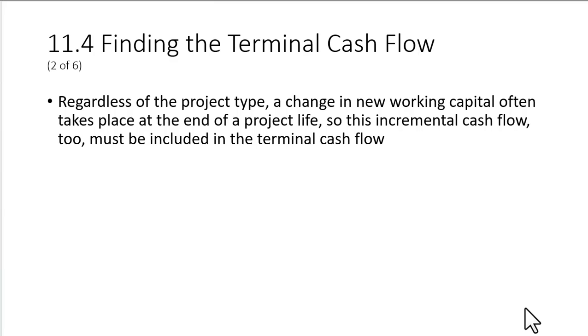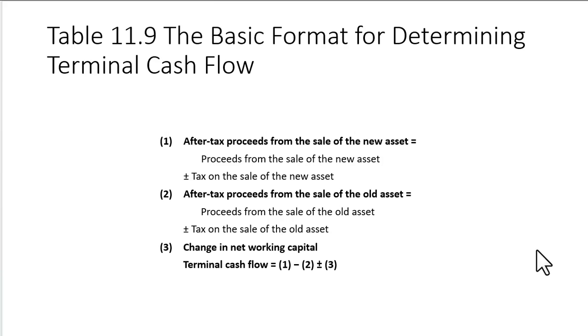So regardless of the type of project, we're often going to have a change in net working capital. We're going to have to unwind that, right? It's going to have to back itself out. So again, here are our basic formulas. What's the after-tax proceeds when you sell the new asset?